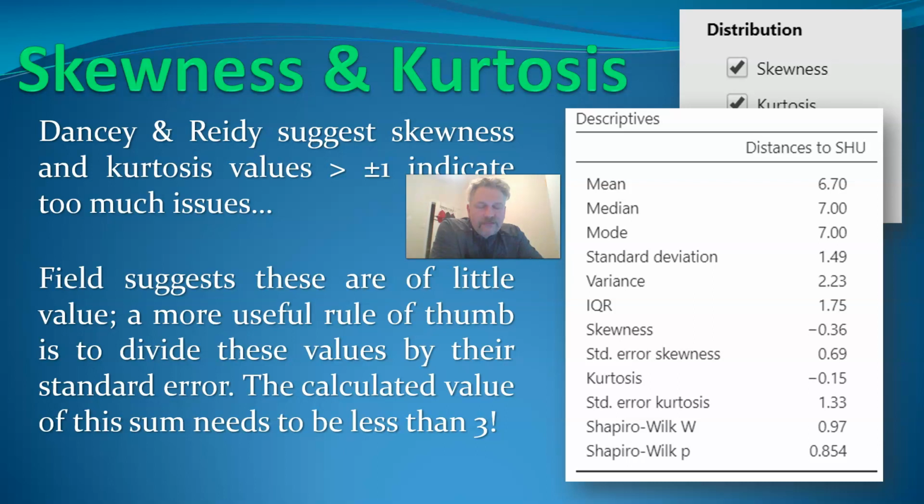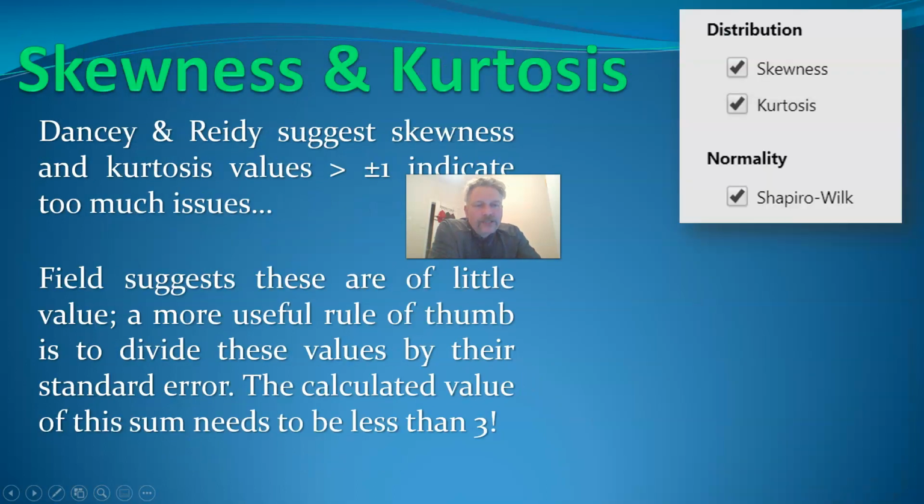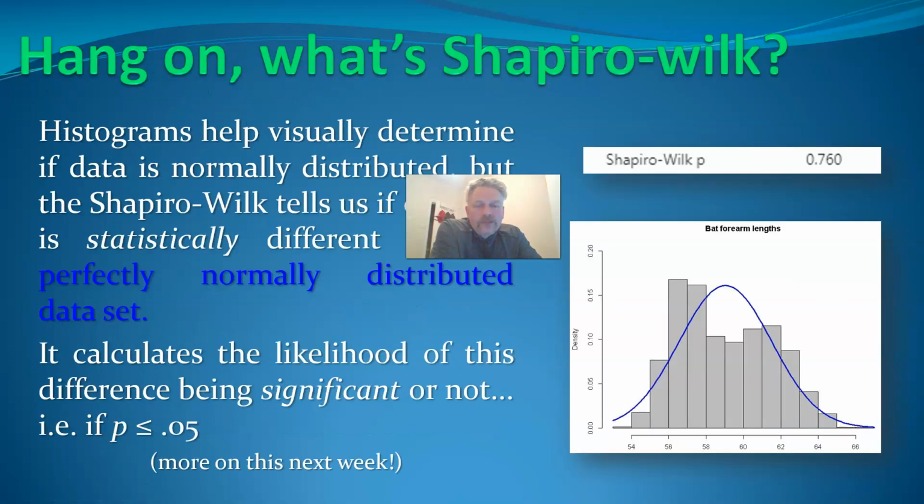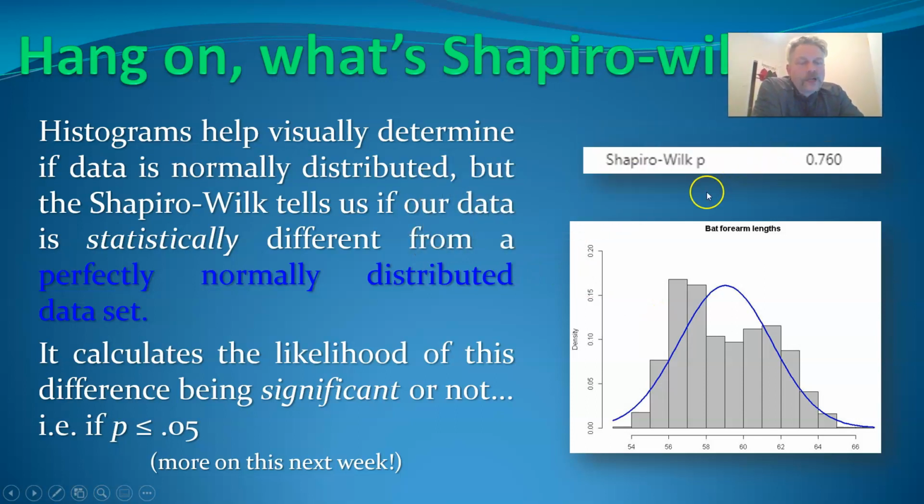So again, there's different things that you can do. One of the things we also looked at here is this Shapiro-Wilk. So I'm talking about measures to decide whether or not our data is normally distributed. What we can also do with this Shapiro-Wilk, if we request it, is compare the distribution of our data set against one that is perfectly normal.